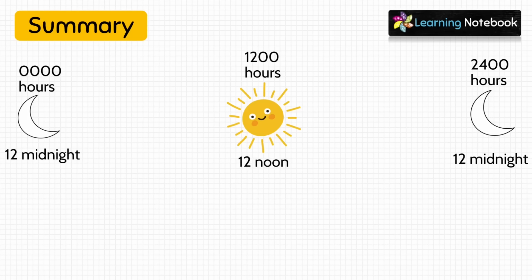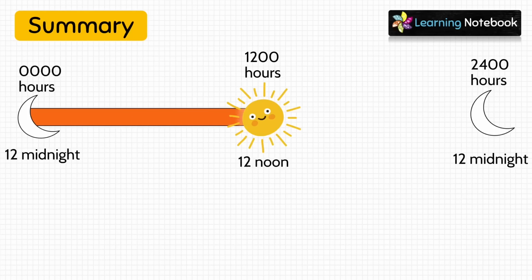Now, in rule number 1, we learned if hours is less than 12, then we use AM to convert the time into 12-hour clock time.